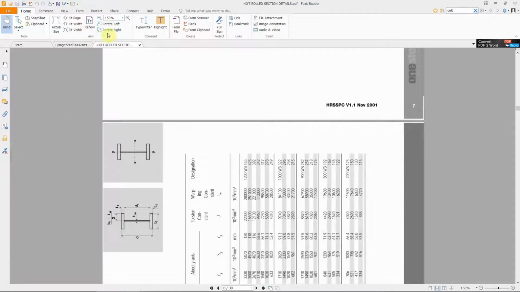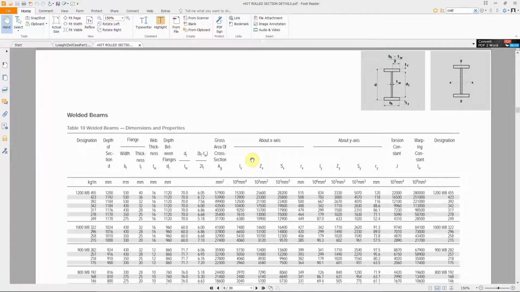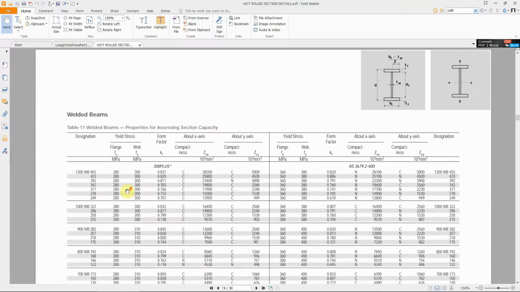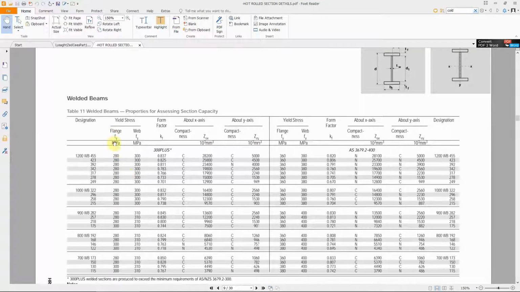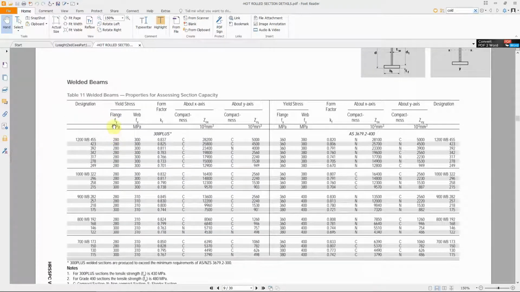Now, just before we move on, when I'm saying 300 or 350 grade, that's the yield capacity of the steel. See, we've got here, these are considered to be 300, and that's the grade for it, 300 plus we call it, which is 300 grade. You see the capacity, the yield stress or the yield strength for that material.